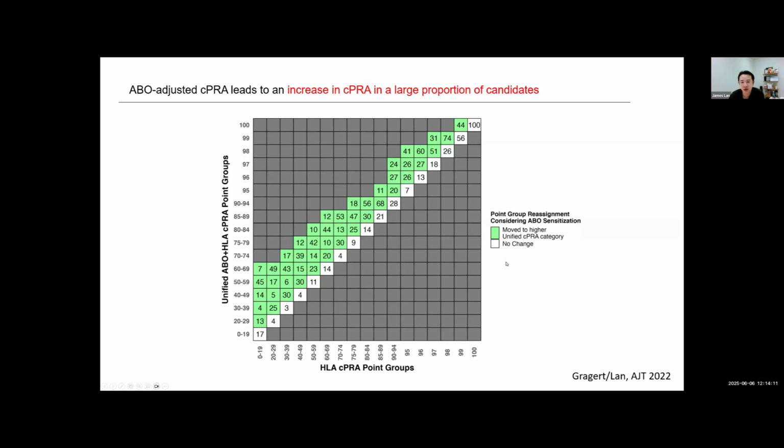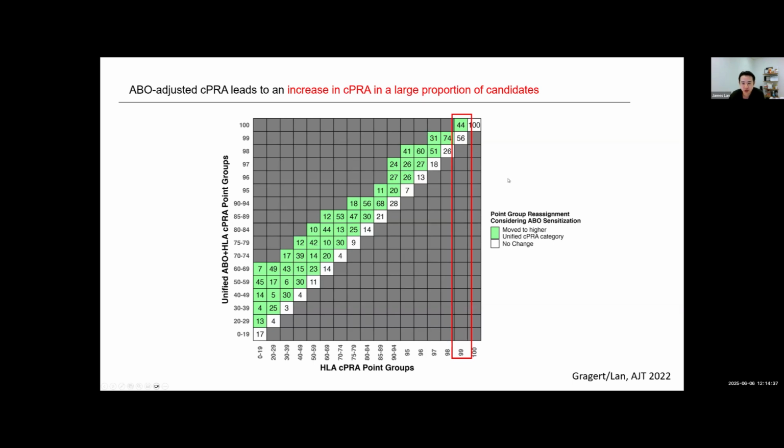And just to give you an idea of the reclassification metrics that we came up with, these are patients currently considered to be very highly sensitized, who are 99%, based on their current CPRA calculation. And when we apply the genetic adjustment to ABO, actually 44% of them should really be considered 100%. And so they were really misclassified by the current system.